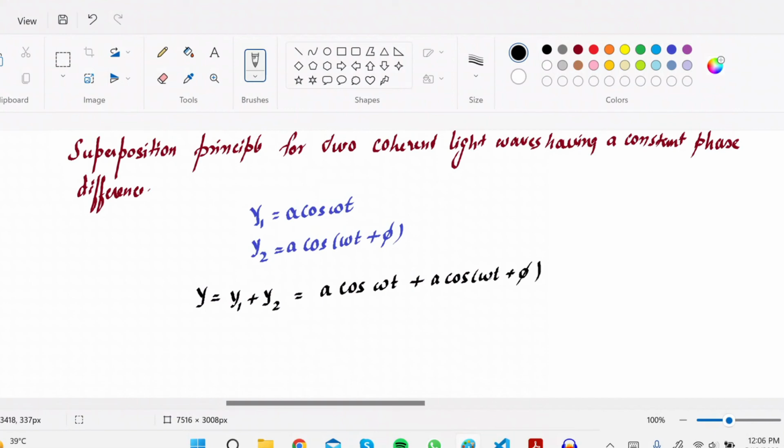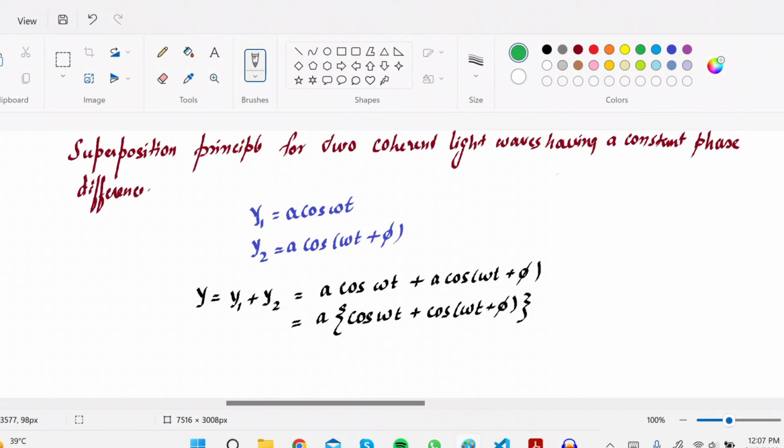Let me be very careful here. We can't add them directly because one is cos omega t and another is cos (omega t plus phi). So cos A plus cos B, you can't add them directly. You will have to use an identity. So let's write it as a [cos omega t plus cos (omega t plus phi)].